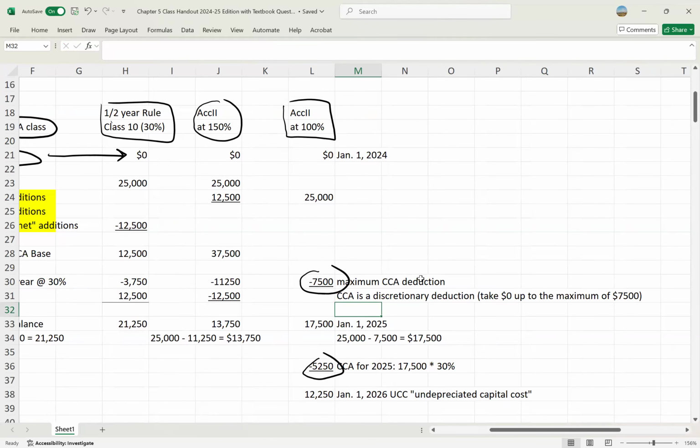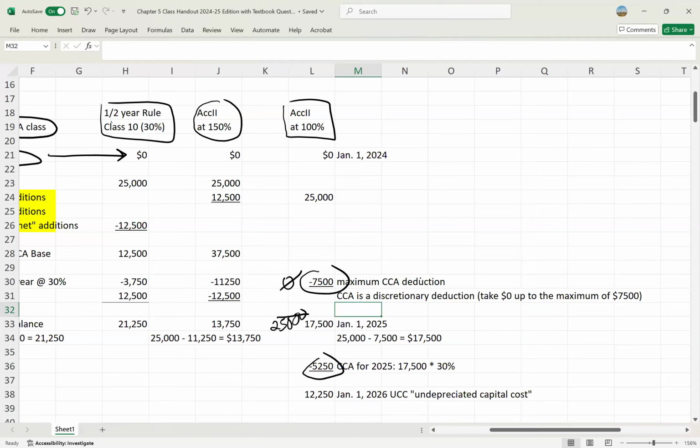So they could take 0 CCA, and if they take 0, this number would just be 0 then. And then the balance going into next year will just be 25,000 because they took 0 CCA. If they wanted to take some CCA, not the full 7,500, they could do that as well. So it's a discretionary deduction. They don't have to take it, but they can take anywhere from 0 up to the maximum calculation.